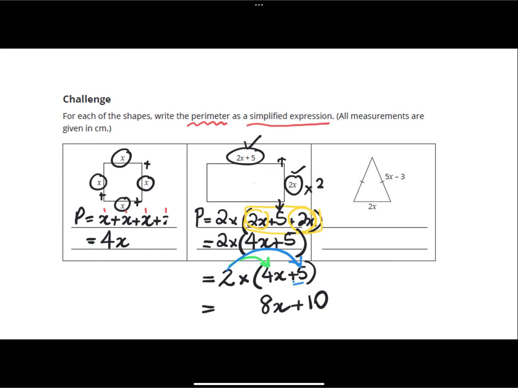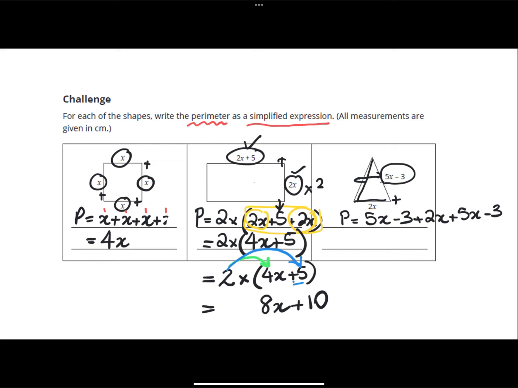Okay, our last one is a triangle. Again, it's perimeter, so we want the side plus the side plus the side. Let's go through and add this one up. So we need to write it out. We have our first side here is like P equals 5x take 3 plus our side here, which is 2x, and then this side here, which is the same as that one, we can tell by the markings on the triangle, which is a plus 5x take 3.